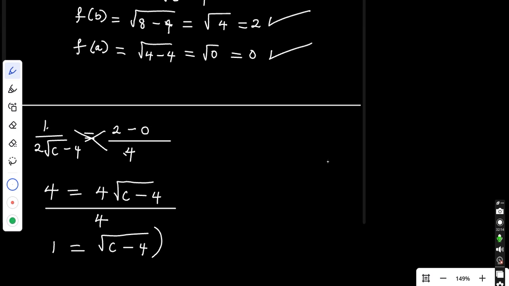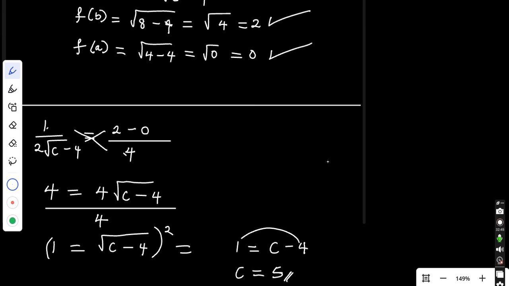Now we can square all sides to have that 1 is equal to c minus 4, and therefore we can add 4 to both sides to have that c is equal to positive 5. So this is the value c that exists.